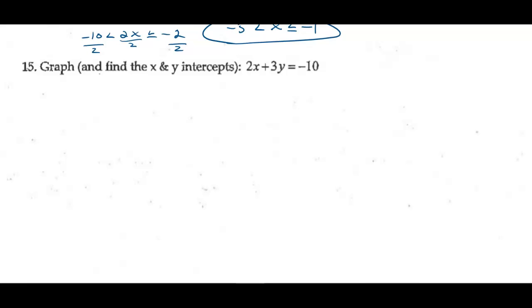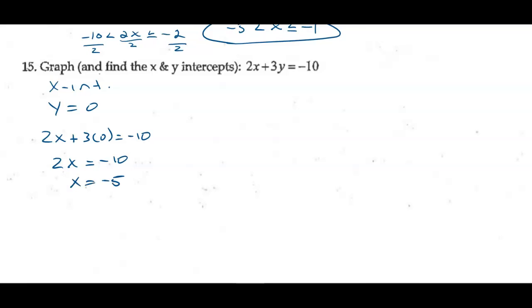Graph and find the x and y intercept. So of course, to find an x-intercept, y must equal 0. Keep in mind, y was 0, x is negative 5. That is a coordinate, and you must write it as a coordinate. Now, for your y-intercept, and I'll stress again, a lot of mistakes come from not writing out all your work.